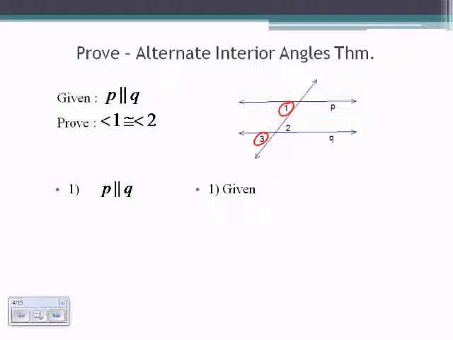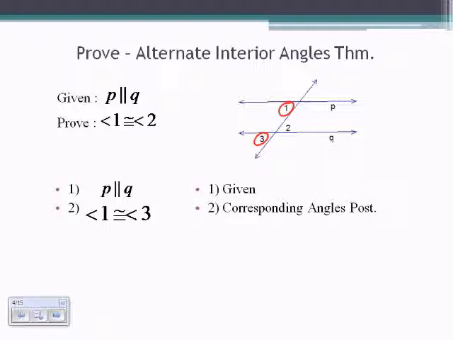Since P is parallel to Q, and that was given, we can say that angle 1 is congruent to angle 3, and the reason for that is the corresponding angle postulate. Since angle 1 and angle 3 are corresponding angles, they are congruent to each other.